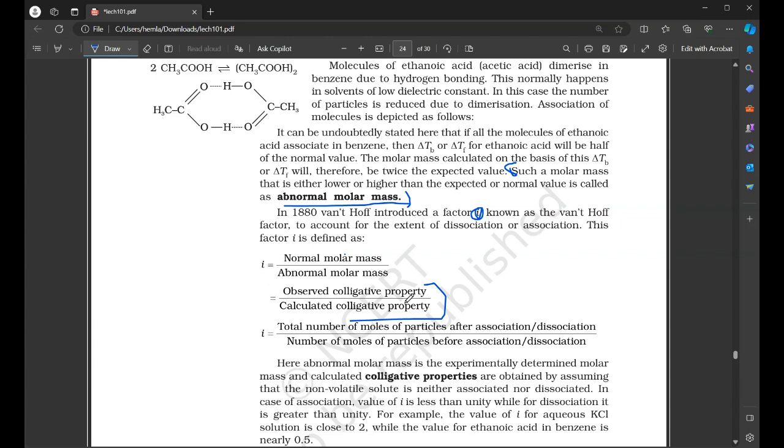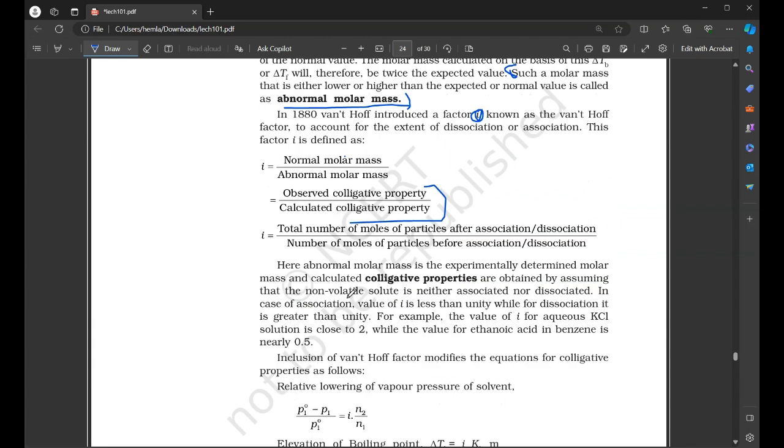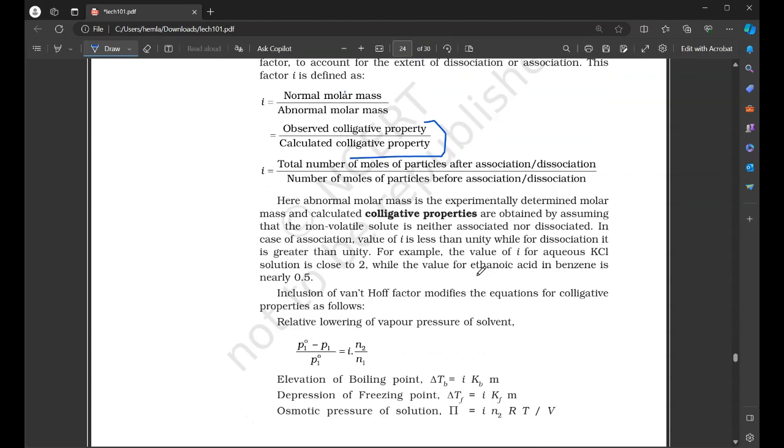This is easier. Which can also be written as total number of moles of particles after association or dissociation, upon number of moles of particles before association or dissociation.